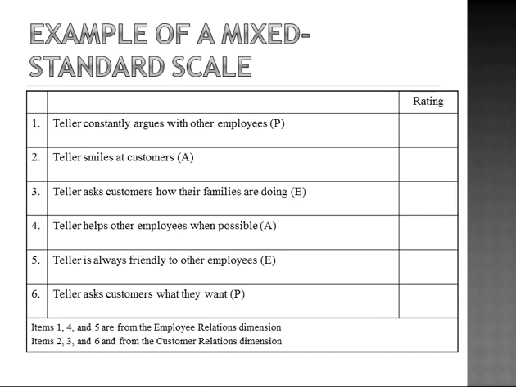Then we have the example of a mixed standard scale. You can see in parentheses after each statement here, you have P, A, and E. P stands for poor, E for excellent, and A for average.